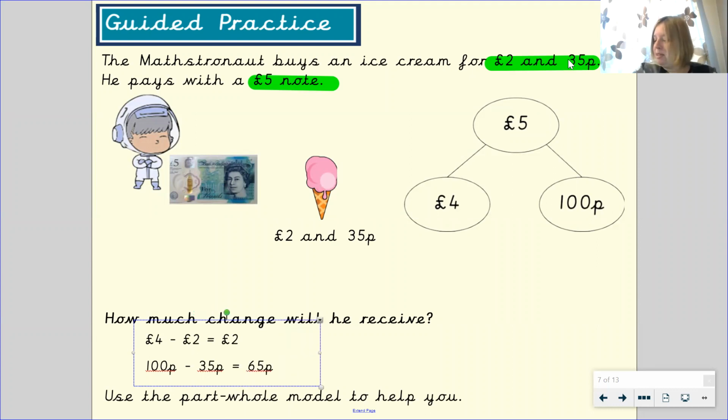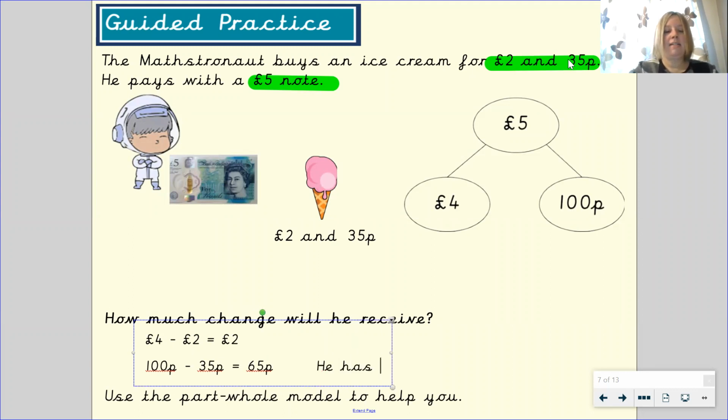If I put these two amounts together, I know that the astronaut has £2.65 change. So I can write that as a sentence.